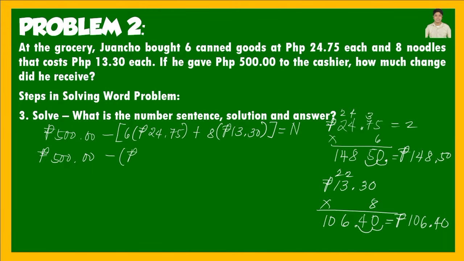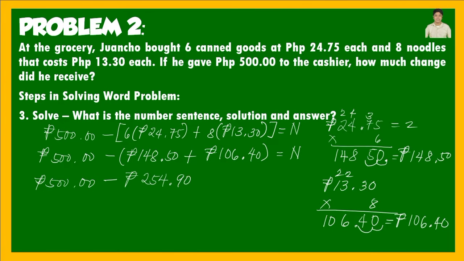So 148 pesos and 50 centavos plus 106 pesos and 40 centavos equals N. So, kapag pinag-add po natin yung 148 pesos and 50 centavos tsaka yung 106 pesos and 40 centavos, so ang lilitaw pong sagot is 254 pesos and 90 centavos.